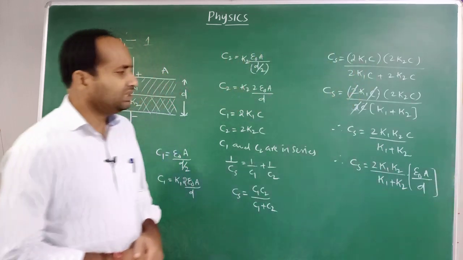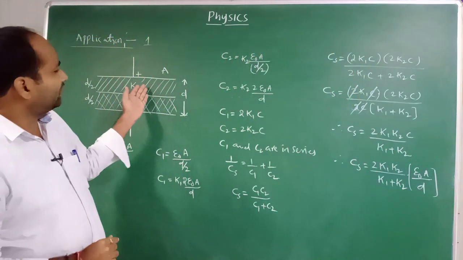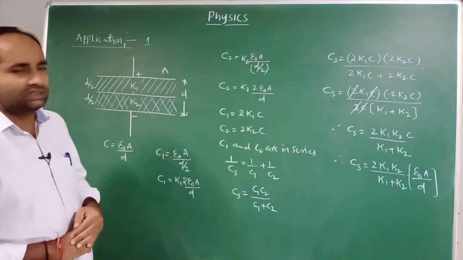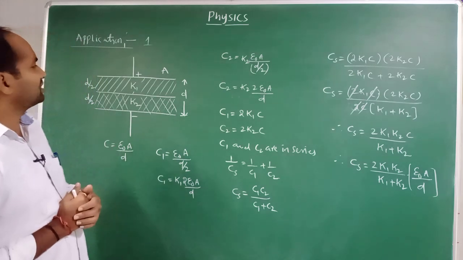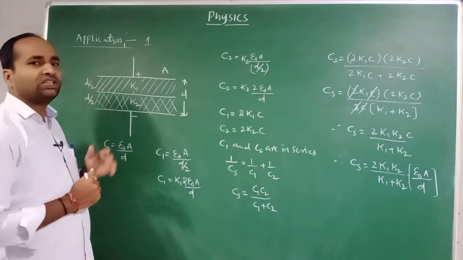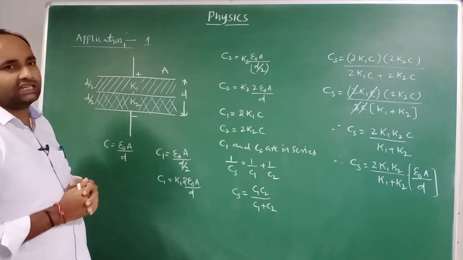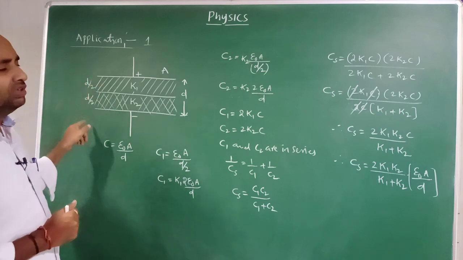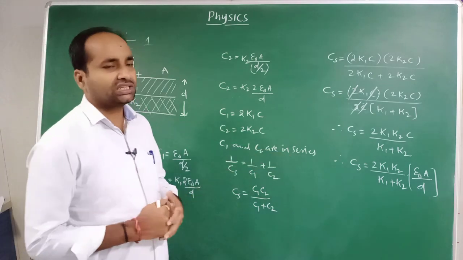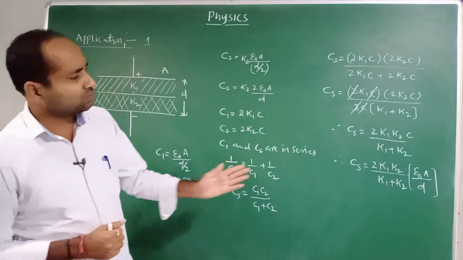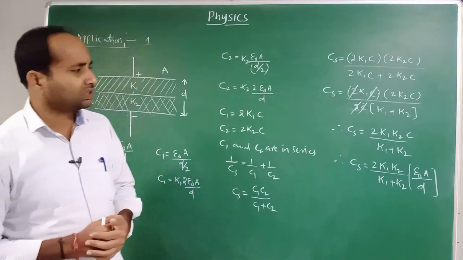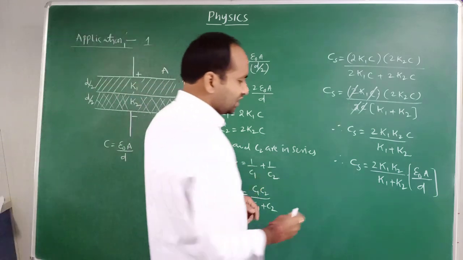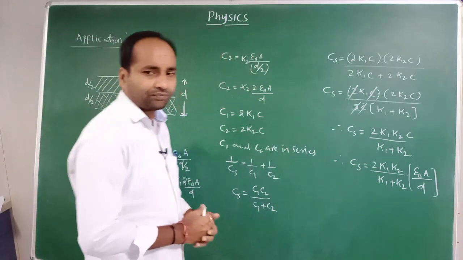Okay, when two dielectric slabs of constants K1 and K2 are inserted between the plates of the capacitor such that the space between them is completely filled, and the thickness of each dielectric is D by 2, then the effective capacitance is Cs is equal to 2K1 K2 by K1 plus K2 into epsilon naught A by D. See here, what is the effective dielectric constant?